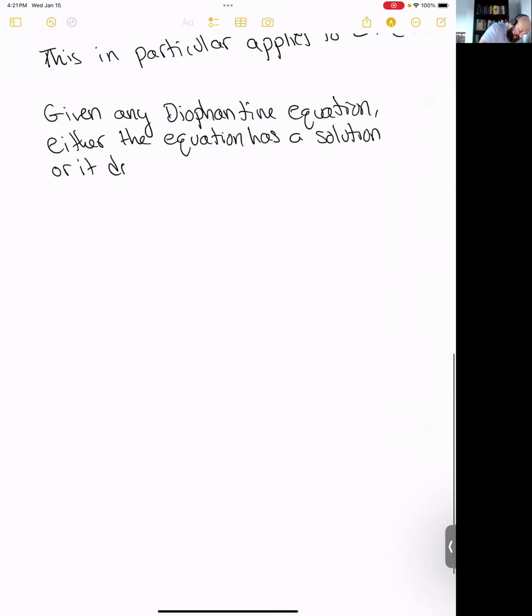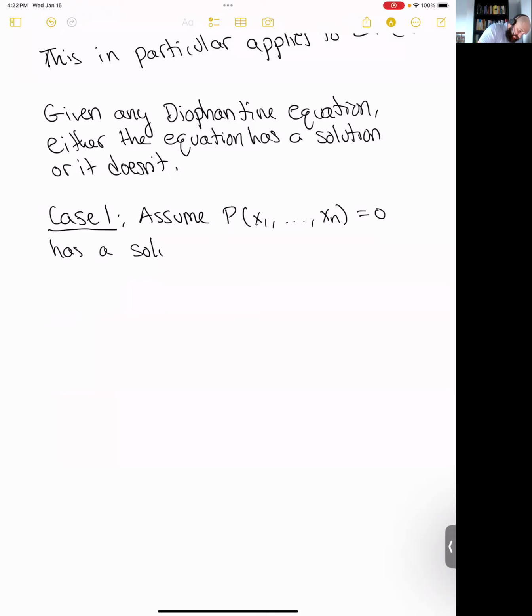It almost feels silly to write it again. But so, case one, assume D, oh, I'm switching my notation, sorry. Let's assume that this polynomial equation has a solution. Okay, so let's assume that this polynomial equation does have a solution in the integers.